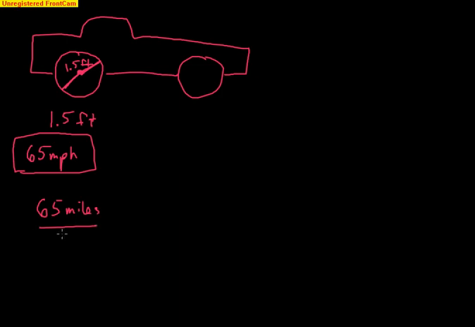And I need to figure out how many revolutions it's traveling, right? So let's see here. I need to change miles to revolutions, right? Well, the issue is I got to think about revolutions. I know that 1 revolution of this tire is equal to the circumference of the tire, which is 2 pi times the radius. Now, the radius is 1.5 divided by 2, or 0.75.